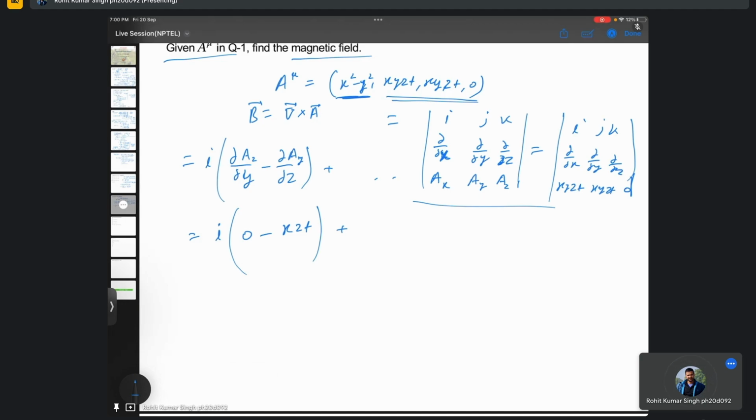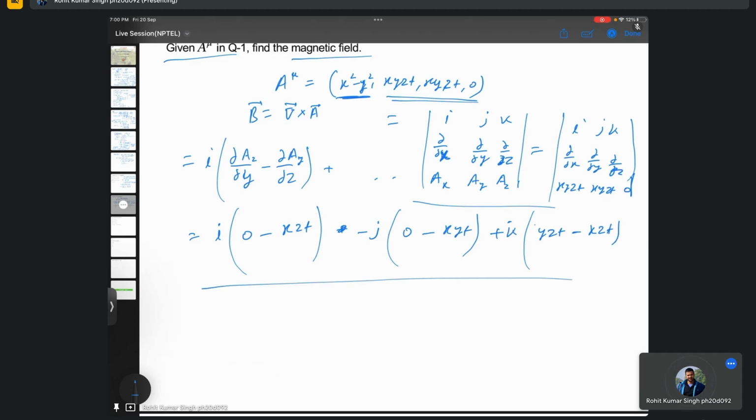Okay, and then you have minus j, del by del x of 0 again 0 minus del by del z of xyzt is xyt. Then for the k component you have del by del x of xyzt is yzt minus del by del y of xyzt, which is xzt.